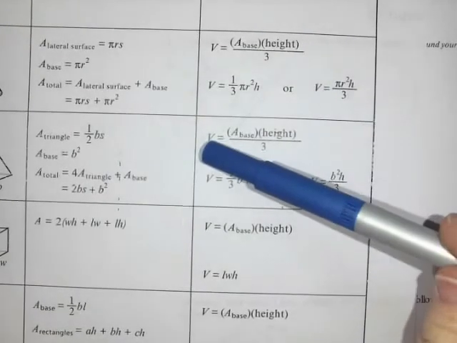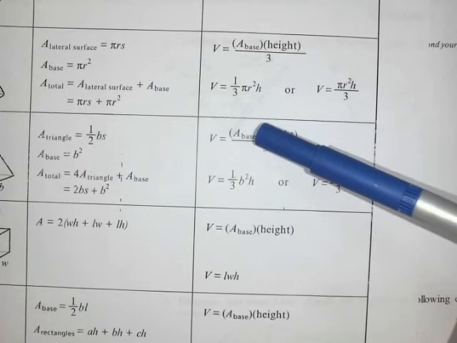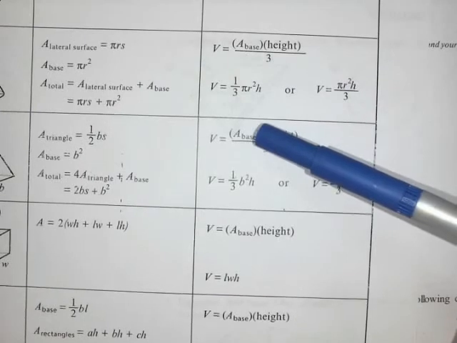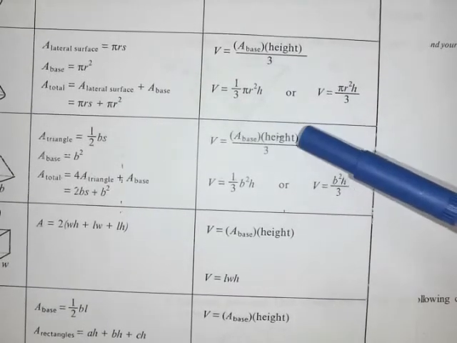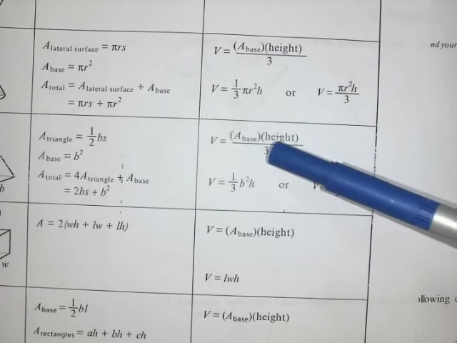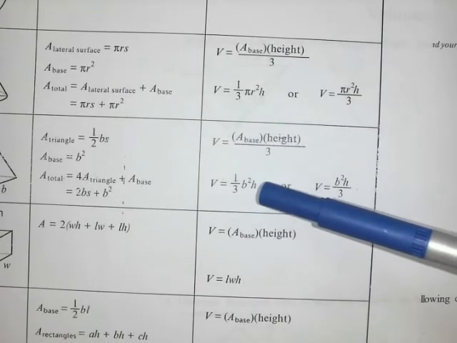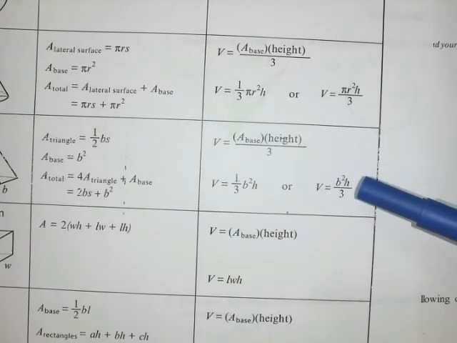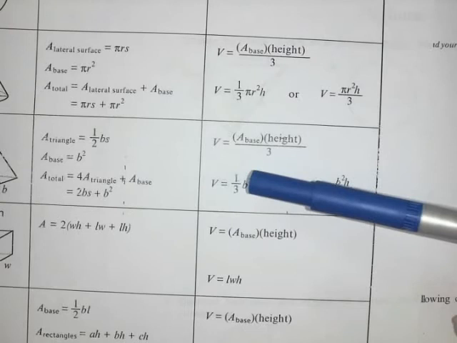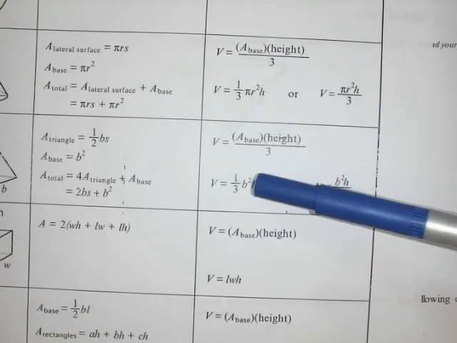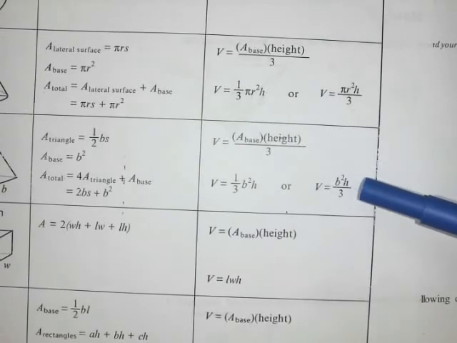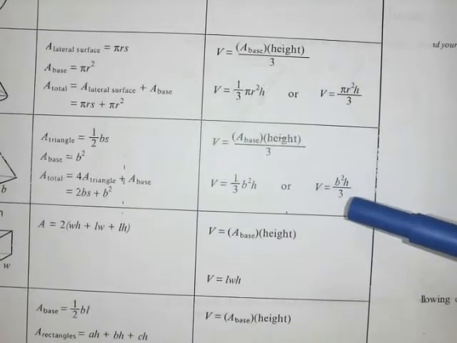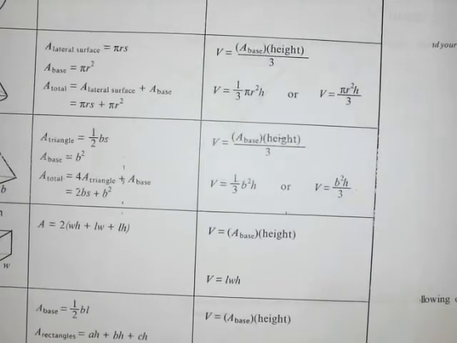It says volume is the area of the base, so that's the square on the bottom, times the height of the shape, and then divided by 3, which is the same as 1/3 b squared h, or b squared h divided by 3. So the b squared, that's length times width, that's how you calculate the bottom of that square, and then times the height, and then divided by 3. I like this very last formula, the b squared h divided by 3, but you're welcome to use whichever one you want.